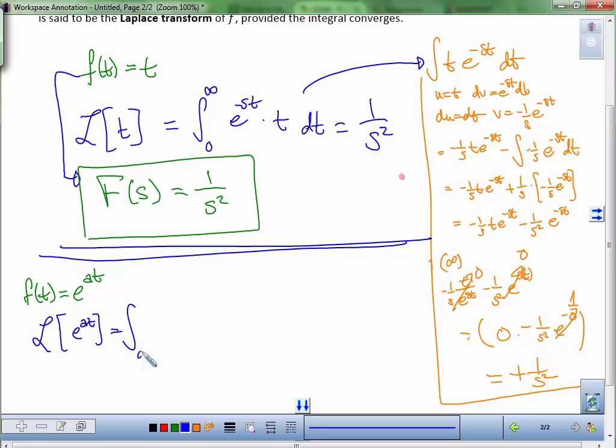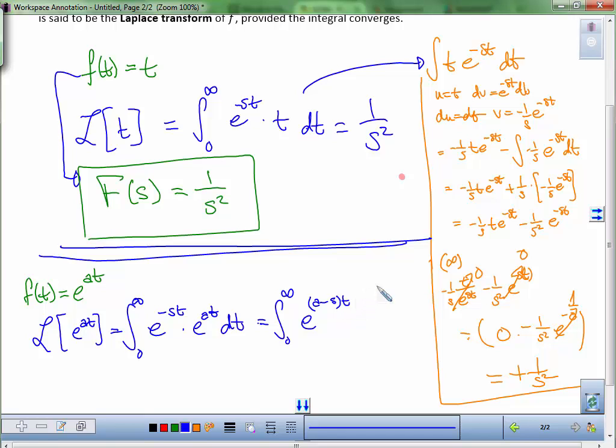And this is an integral from 0 to infinity of the kernel, which is e to the negative st, times the function, which is e to the at. And for this one, we don't even have to use integration by parts or any fancy integrating, because we have the same base, e. We have e to the, now we can put this together, a minus s, factor out a t in the power.